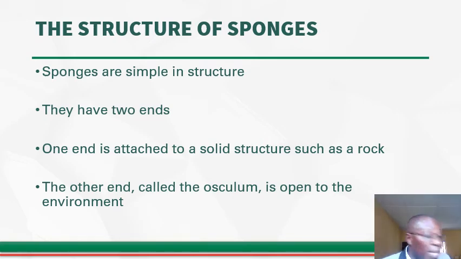The structures of sponges are simple, and they have two ends. One end is attached to a solid structure such as a rock or any other substratum in their environment. The other end is called the osculum, and that one is the one that opens to the environment.